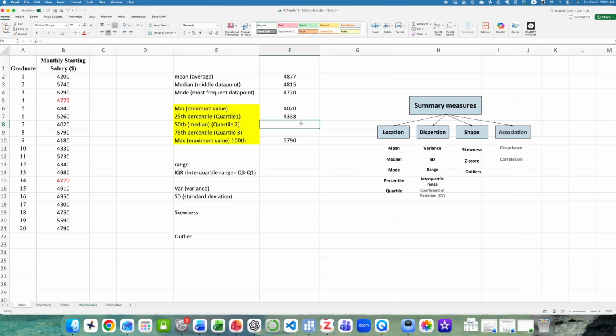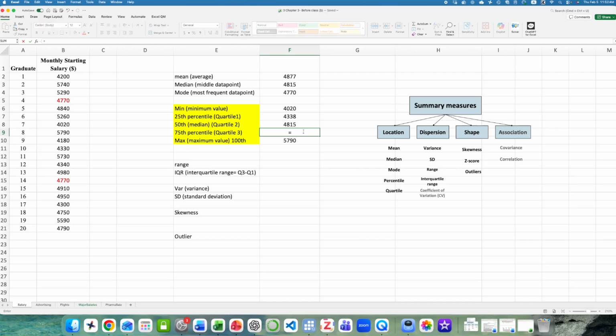That means that 25% of the graduates receive a monthly starting salary less than $4,338. Let's calculate the 50th percentile. I select the array, comma. Now we are talking about the 50th percentile, or 0.5. That means that 50% of the graduates have a starting salary less than $4,815.